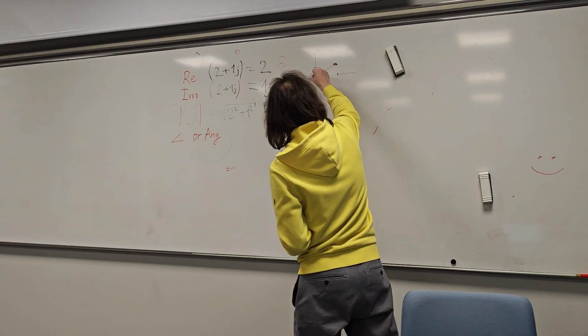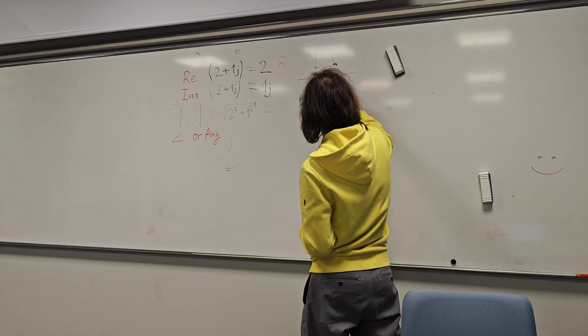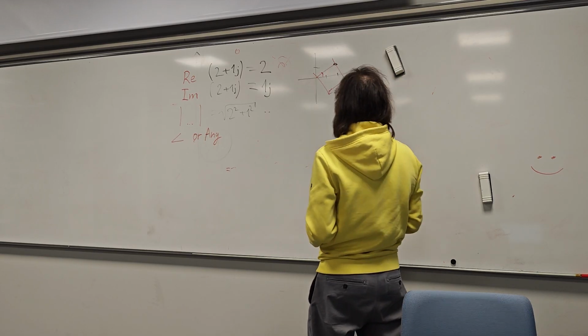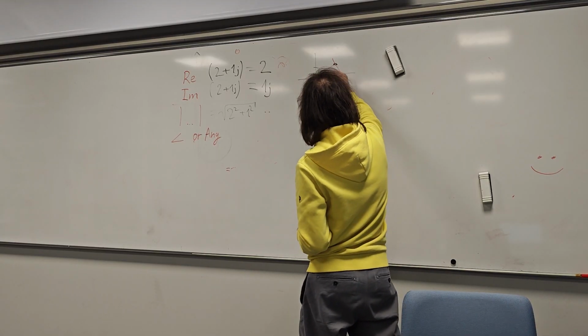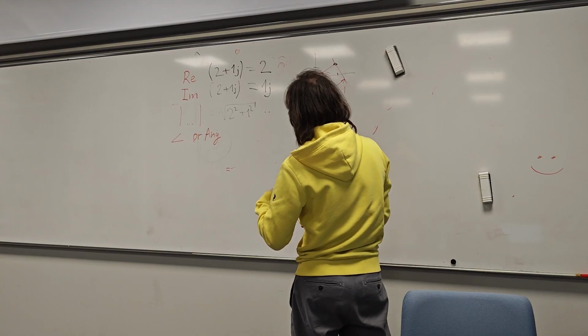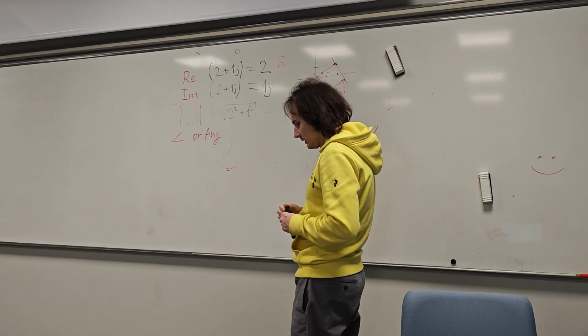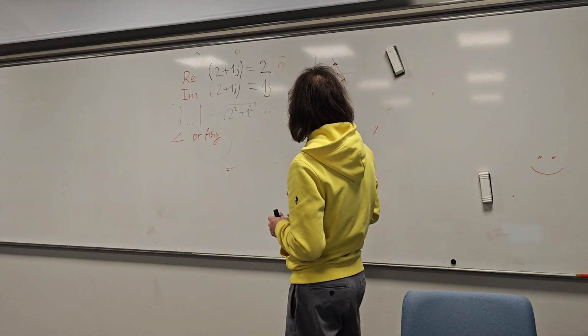And the length of this is the module, and the angle between this line and the horizontal axis is the angle of this number. That's all the characteristics which can be taken from a complex number.